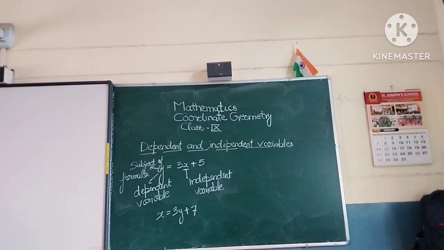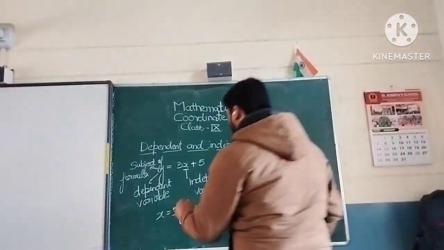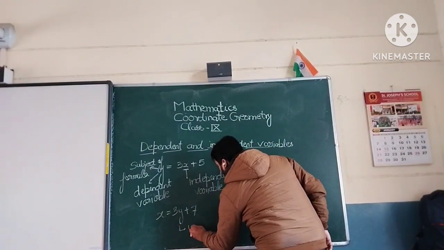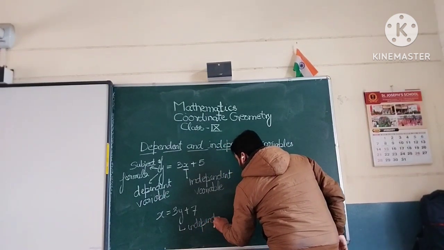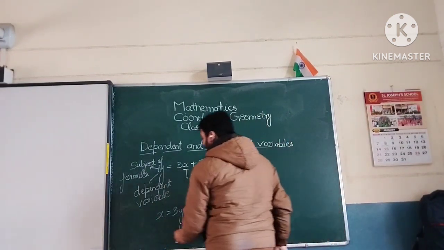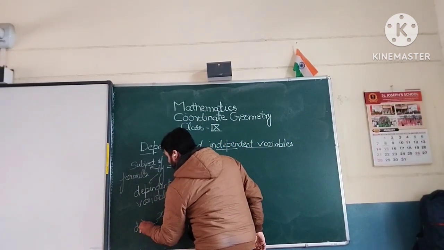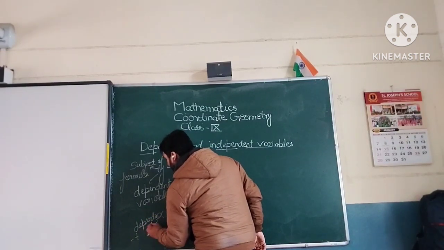No. So the moment we choose the value of y, the value of x is fixed. That means here y becomes the independent variable, and x will be the dependent variable.